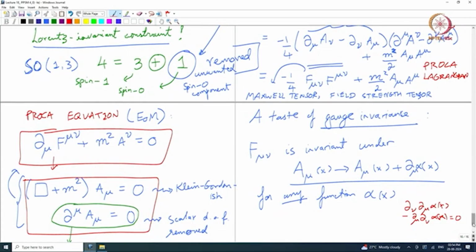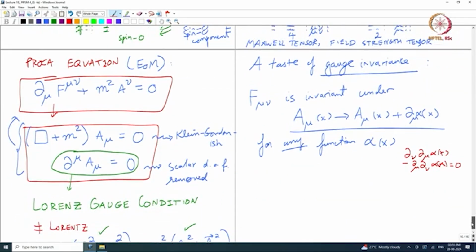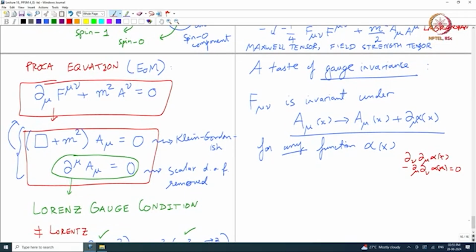So, isn't this interesting that under this non-trivial transformation where I have a derivative here, this entire tensor is invariant. Said differently, right, I can change how I describe my field. There is a redundancy in the field description.